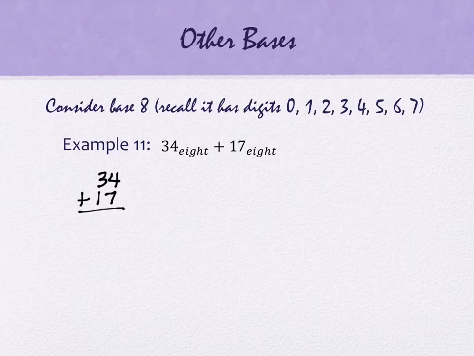4 plus 7 is 11. But I'm in base 8. So what I have to think is, I have the number 11. How many 8s is that? 1 eight, which carries over. And how many left over? 3. There's 3 leftovers on the bottom, and I carry or regroup the 1 eight.